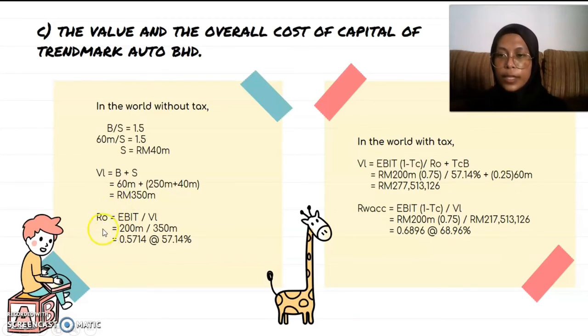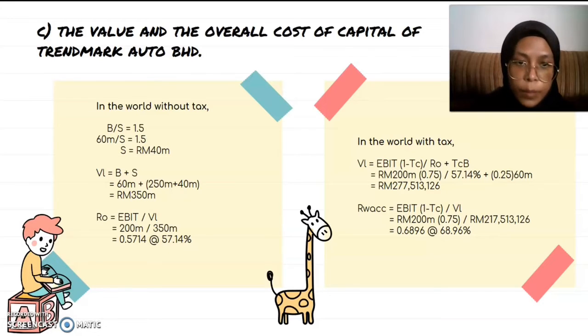Then we find the RO using this formula, EBIT divided by value of firm. So 200 million, which we get from the question, divided by the value of firm that we calculated just now. So we get the RO is 57.14%.